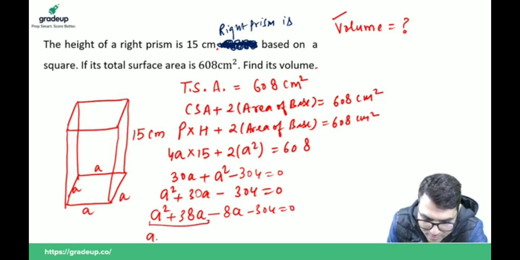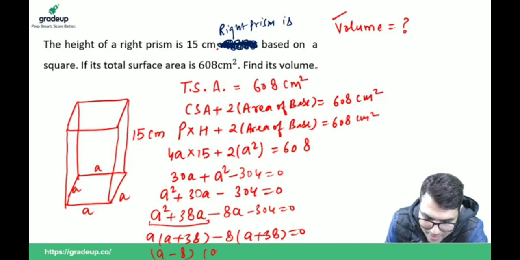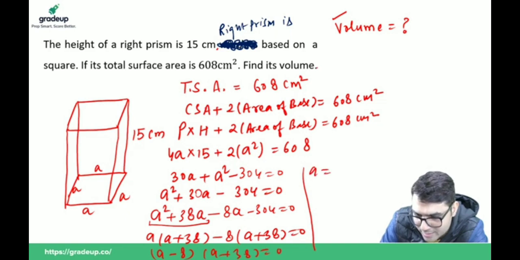Taking a common, a into a plus 38, minus 8 into a plus 38, equal to 0. So a minus 8 and a plus 38 is equal to 0. So a is equal to 8 or minus 38. Minus 38 cannot be the answer because it is negative, so a is 8 centimeter.